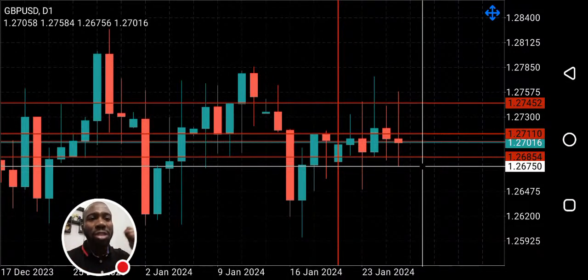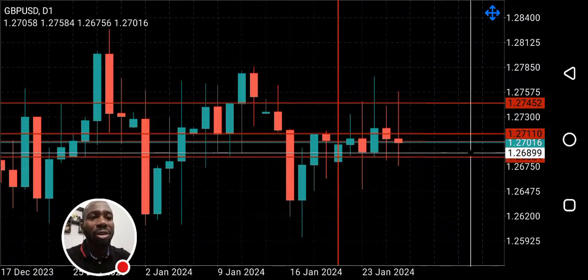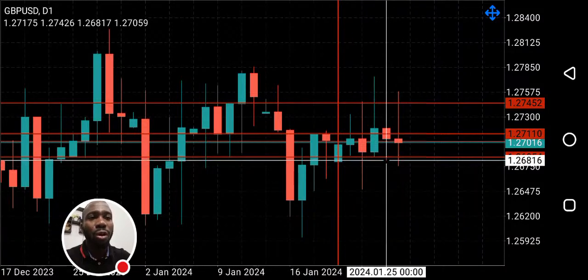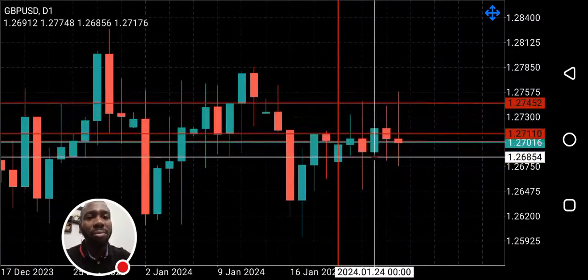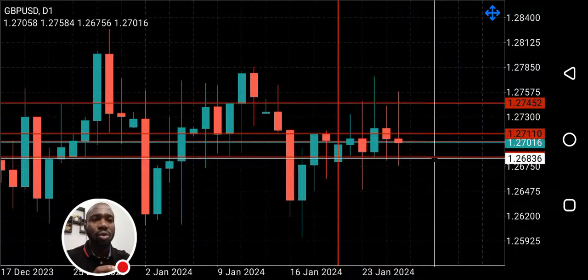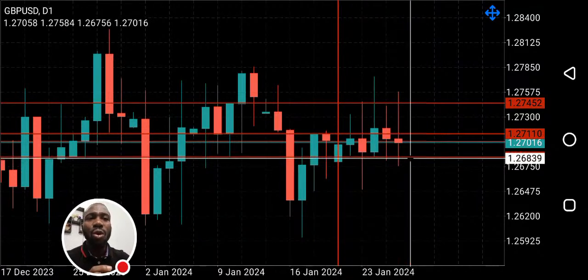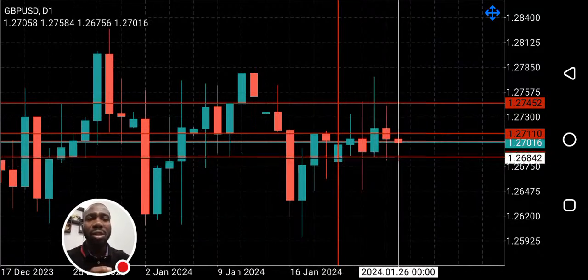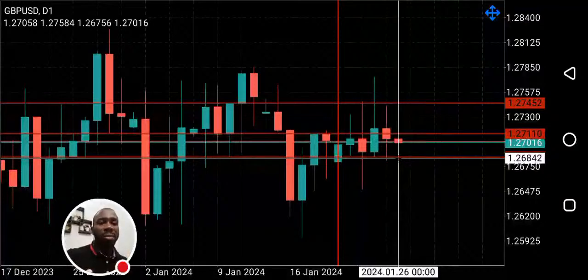For you to sell, this is my own opinion, for you to sell GBP USD this week, you should wait for a candle, maybe 1 hour or 4-hour candle, to close below the low of this bullish candle. That is when you should consider selling.